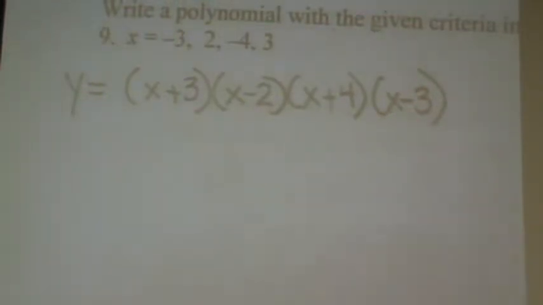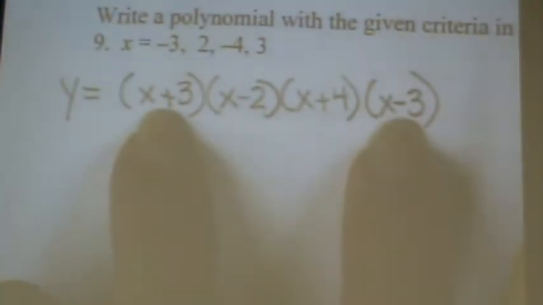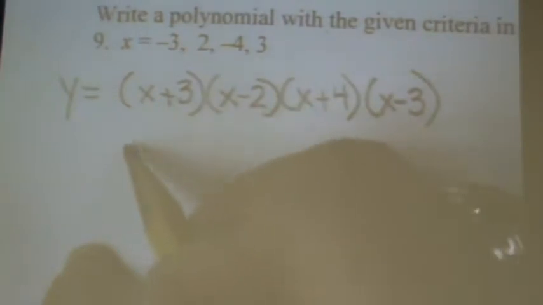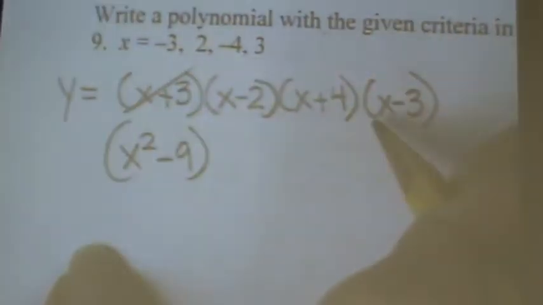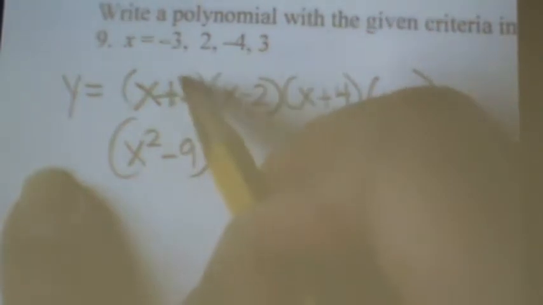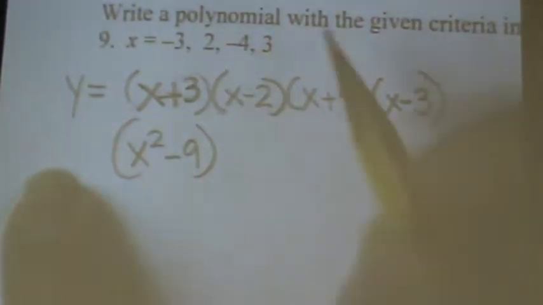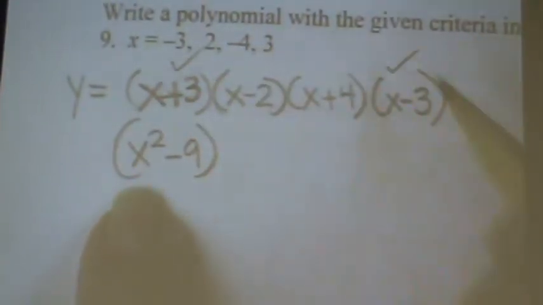Yeah, these two right here. Why should I multiply these two together? Because it ends up being x squared minus 9. There, I multiplied those two super quick. Don't cross them out, because you're going to get points for this. This is done and this is done.